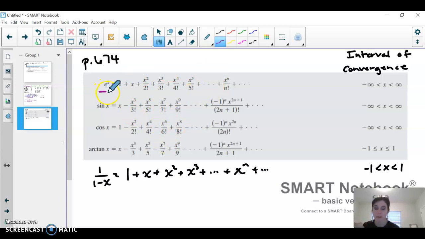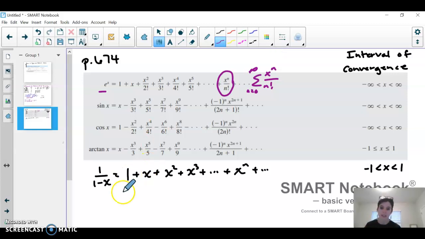But your goal is to memorize that e to the x we can write as the sum of x to the n over n factorial when we put that into sigma. So that's our Maclaurin series for e to the x. It's how we're representing the function e to the x as a series. That's the goal of our Taylor and Maclaurin series.